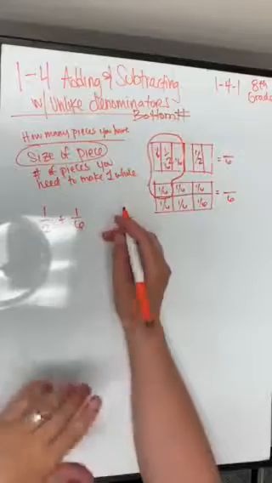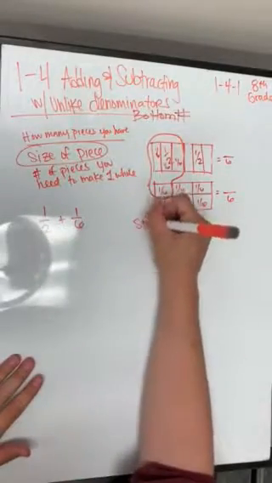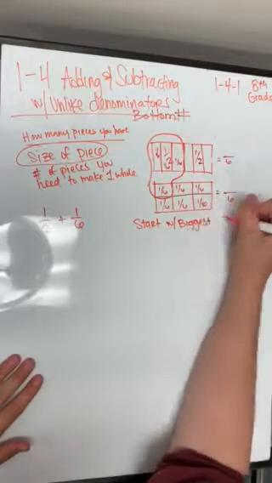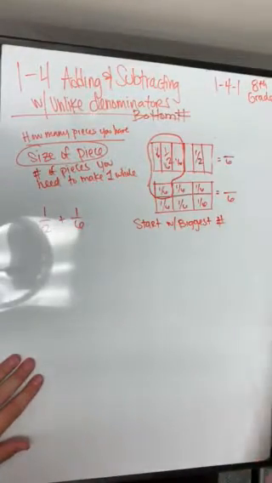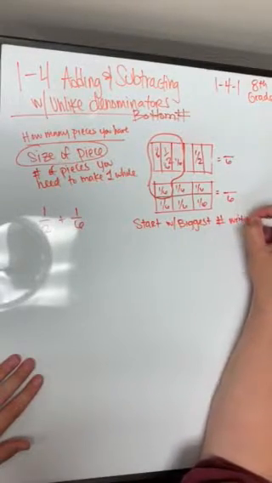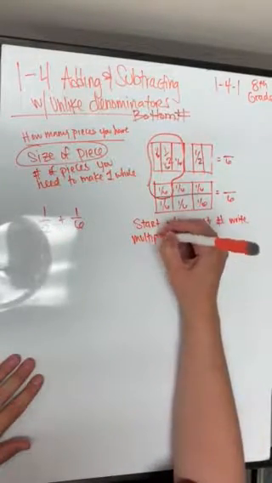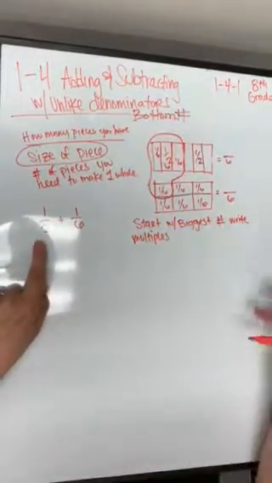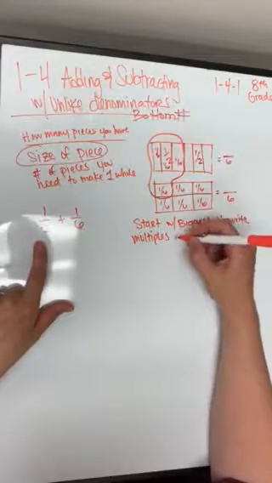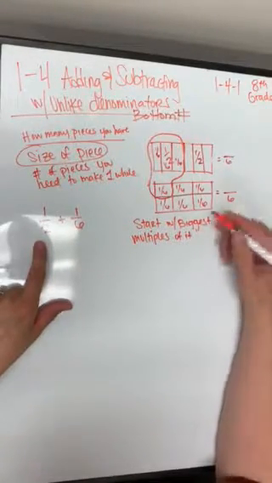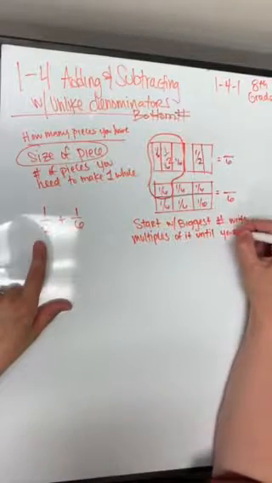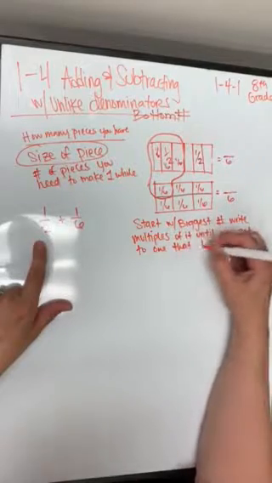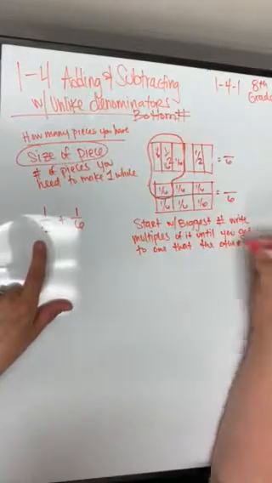Now, the easiest way to do it is start with the biggest number and start writing multiples of it, and then eventually you're going to hit a number that the smaller one will go into.